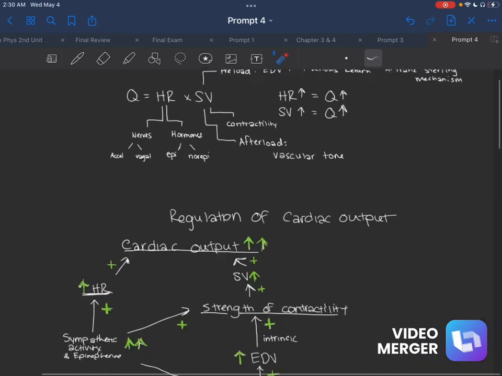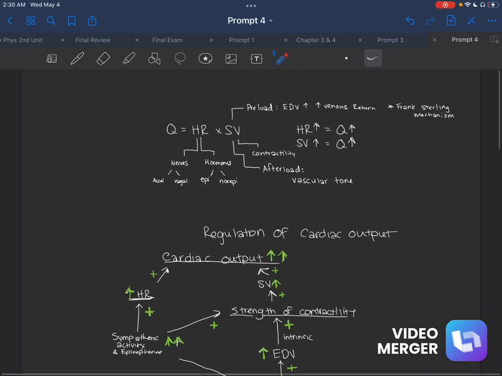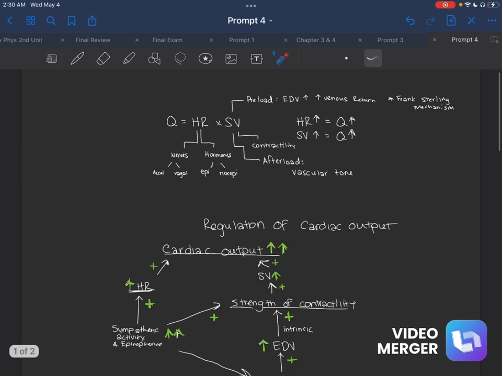And basically, to sum it all up, that is why exercise is able to manipulate both variables of cardiac output, with heart rate increasing because of the sympathetic nervous system, which releases epinephrine. And in turn, with correlation, it increases strength of contractility.